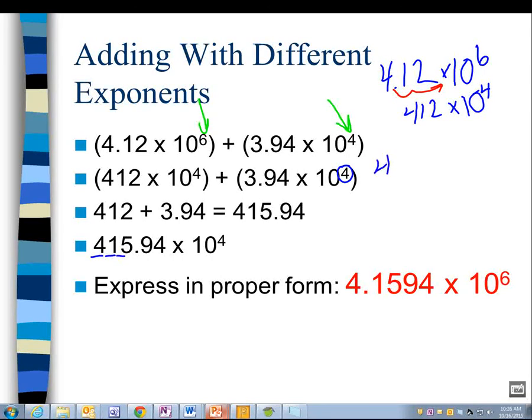So it would have been 4.12 times 10 to the 6th plus 0.394 times 10 to the 6th. No, I didn't go far enough. Should have gone to 0.0394.